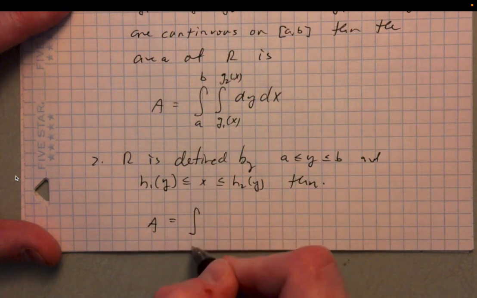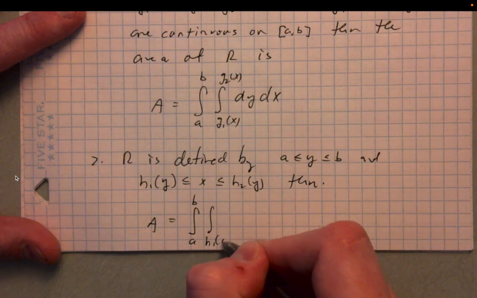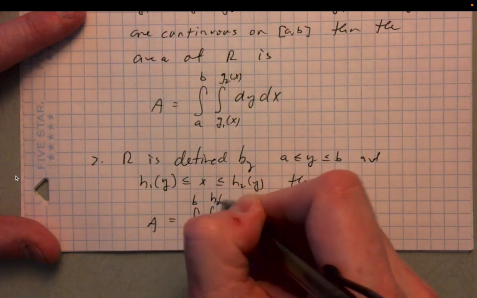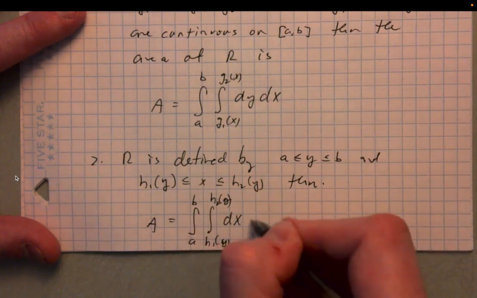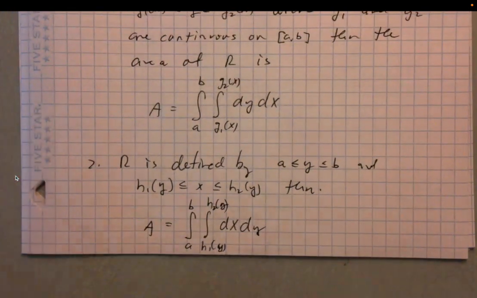It'd flip some of this. So you go from a up to b, and then from h1 of y to h2 of y, dx dy. We've already kind of said this, but this puts a little more rigor behind it. Let's do some concrete examples.